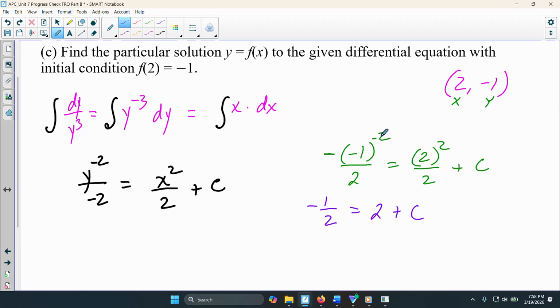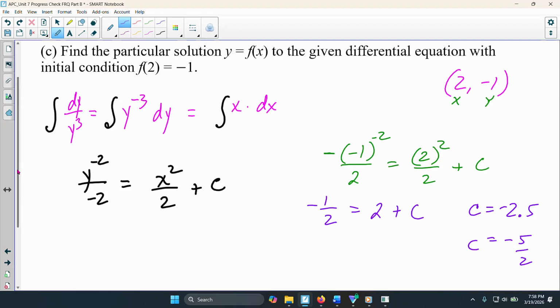And 1 in here, without the negative, it's 1, but divided by 2, so yeah, I'm good. So c must equal -2.5. Right? So you can leave it like this, or -5/2. Oh God, okay. I don't know why they would do that to us. All right, assuming that I did it correctly.